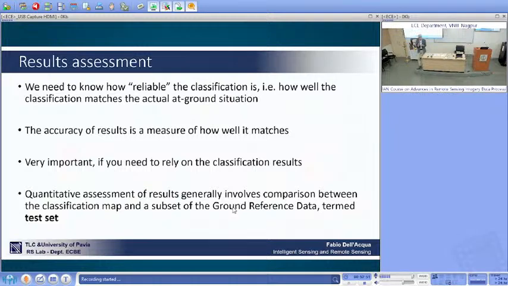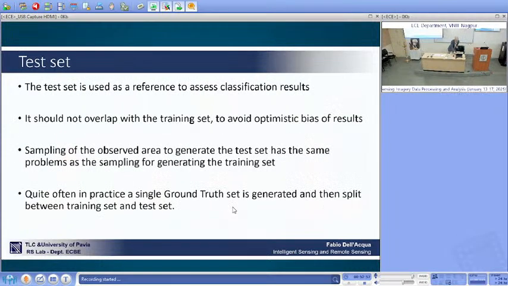Okay. What I can tell you is that all this mechanism is necessary in remote sensing because, as I said, you should expect to have errors.